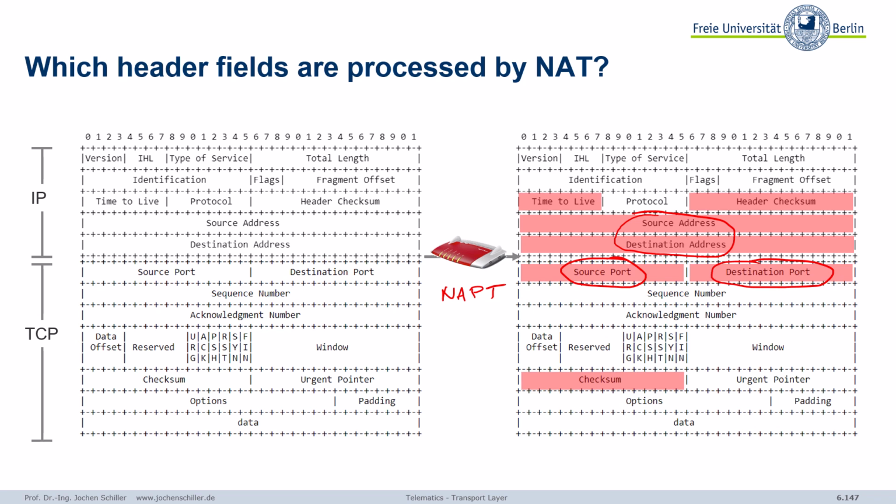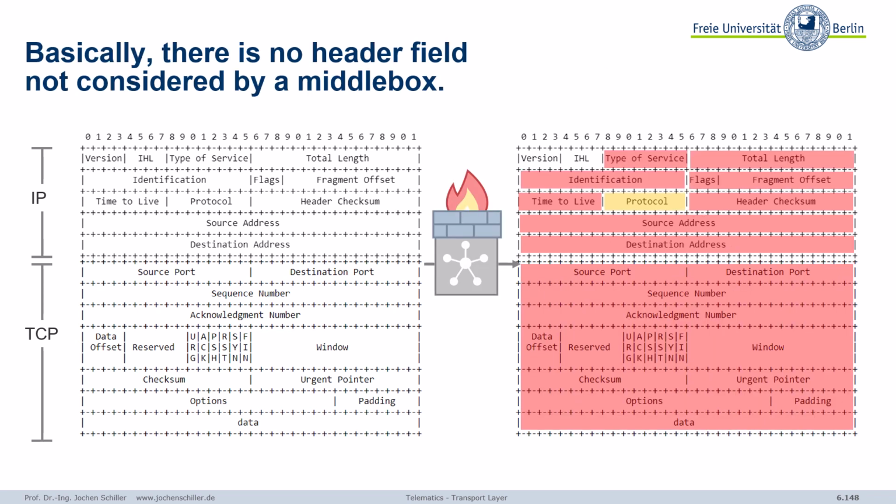And now, a middle box can play with all the fields because you have access to all the fields. You can change everything basically, because all the headers are open. So you can look into the headers, not only changing the ports, but you can also change acknowledgements, for example.